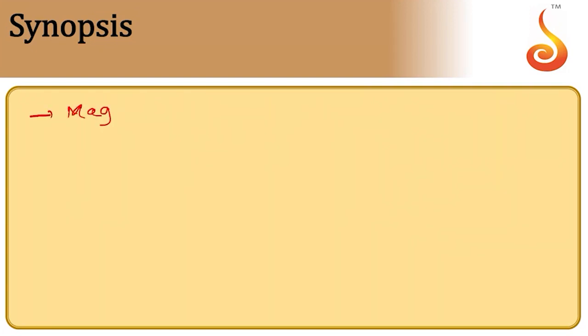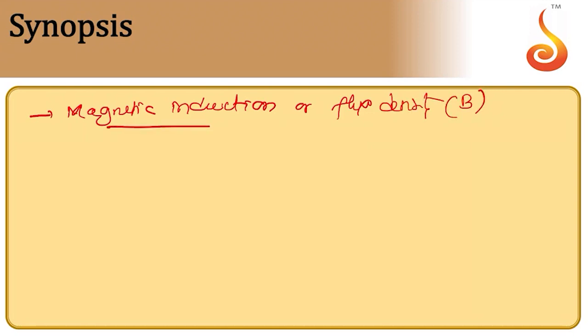Magnetic induction, or this is also known as flux density, represented by the symbol B. This is actually a measure of total number of lines of force per unit area due to the flux density B naught in vacuum by that magnetizing field and flux density Bm due to magnetization of the material.